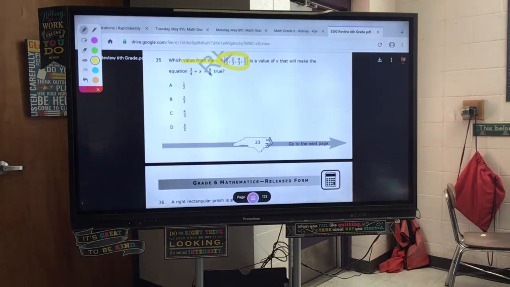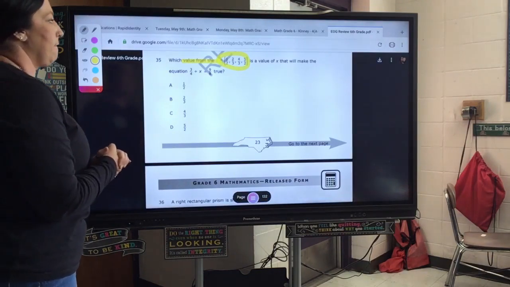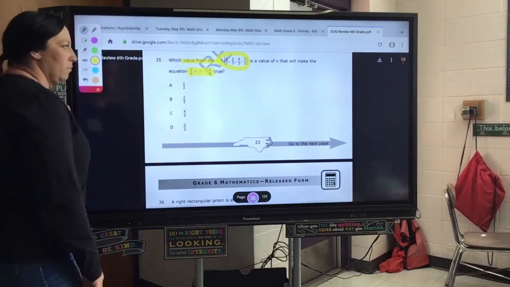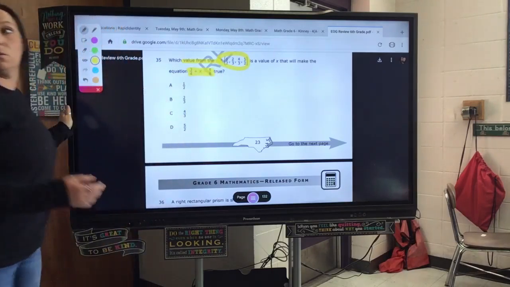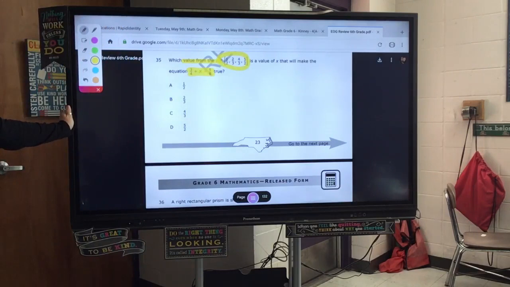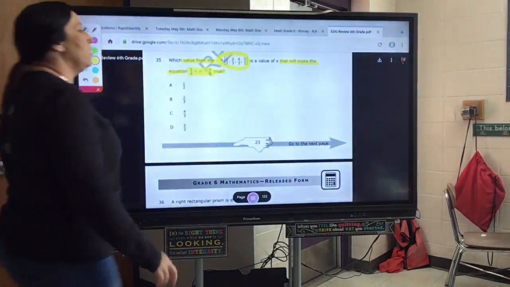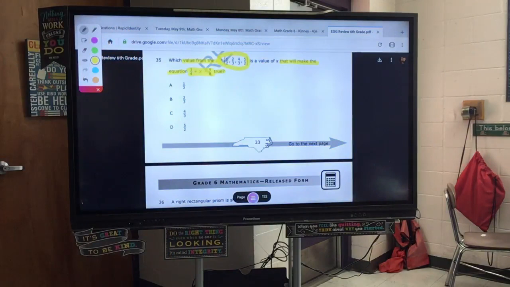What else is important in this question? Lily. The equation 3/4 divided by x equals 9/8. Okay. What else is important? Ronnie. I was going to say what you said. Okay. So that will make the equation true. Alright? That's very important because we have 4 options.